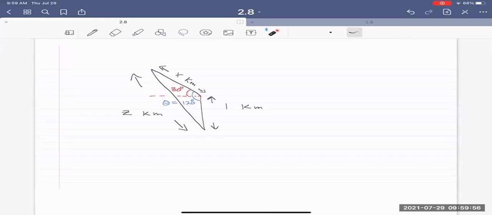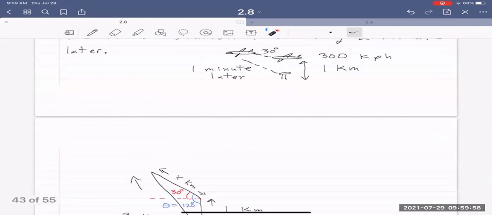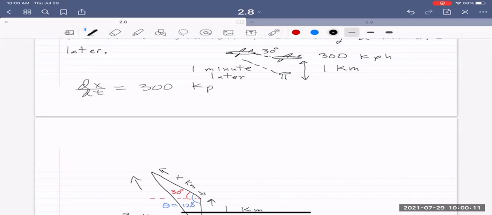Okay, so I have here the following information. We're increasing at a rate of 300 kilometers per hour. So dx/dt is 300 kilometers per hour.